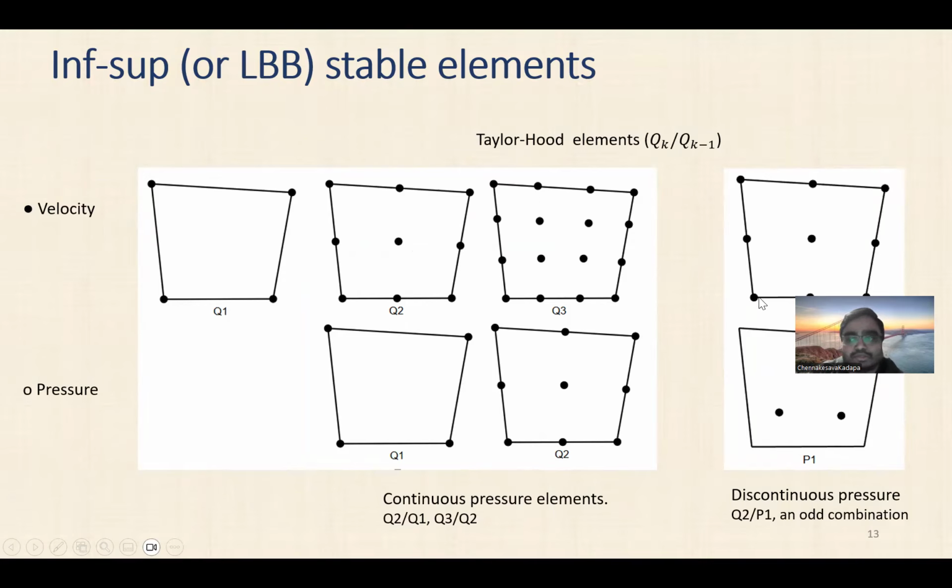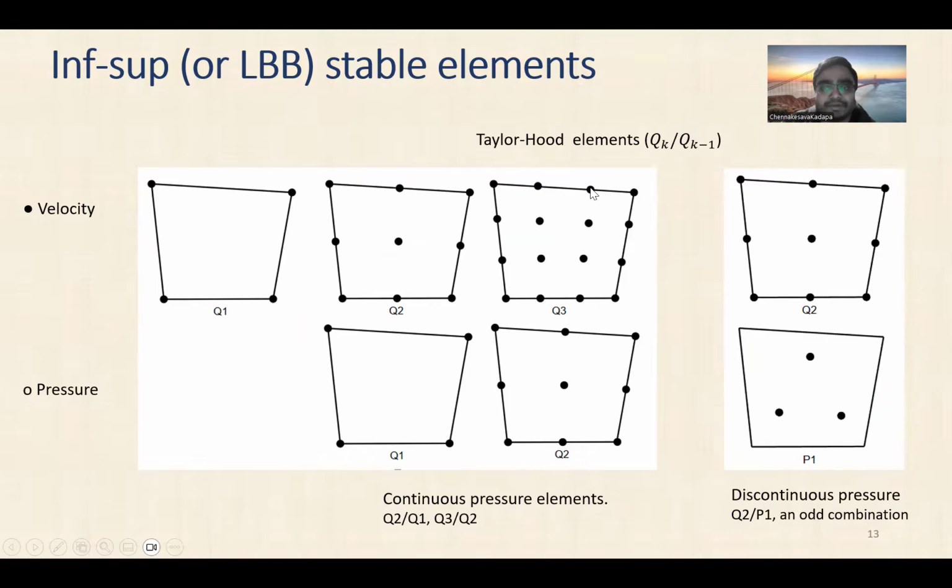In the Taylor-Hood family, we have Qk, Qk minus 1. For example Q2, Q1, that is quadratic for velocity and linear for pressure, or cubic for velocity and quadratic for pressure.